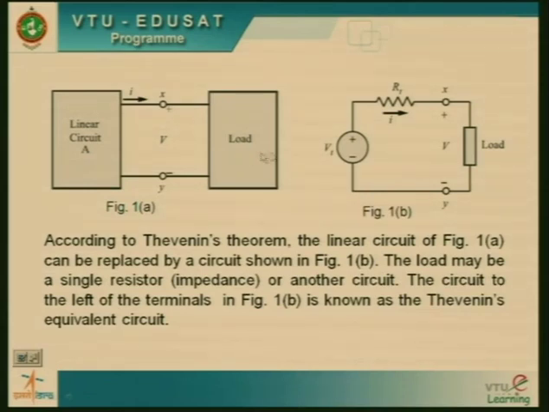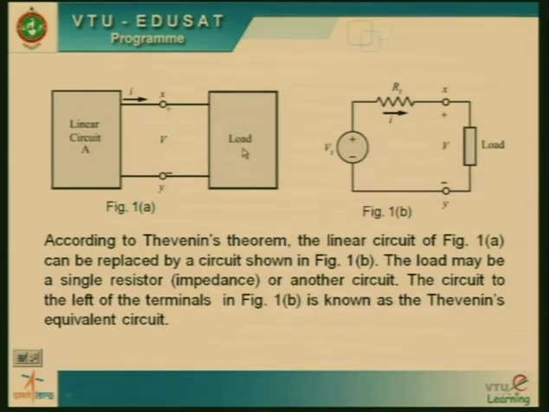So what is it then? According to Thevenin's theorem, the linear circuit of figure 1a can be replaced by the circuit shown in the second figure. The load in the first figure may be a resistor, or an impedance, or another circuit.